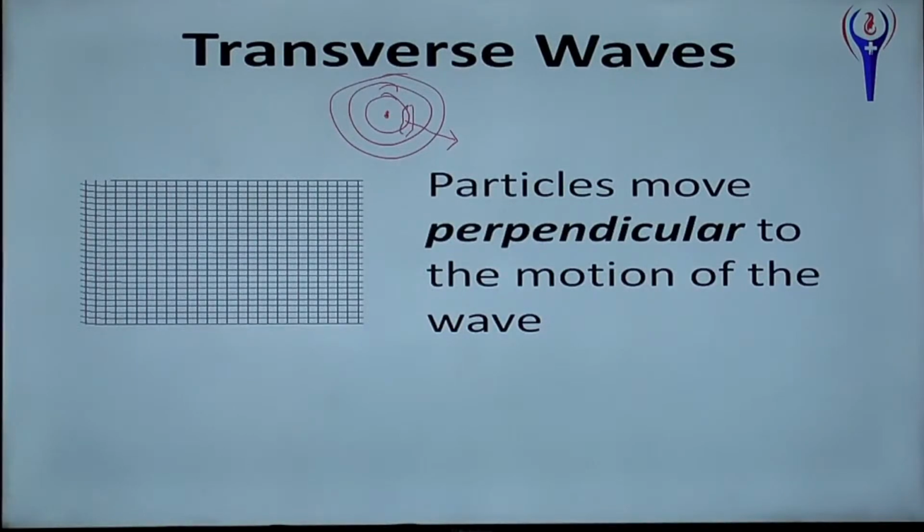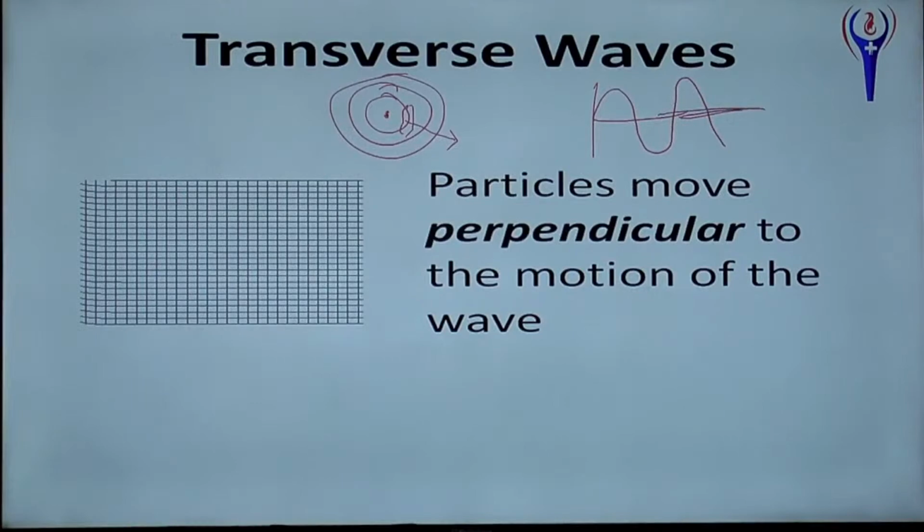The leaf will float up and down while the waves come like this. It means particles are not transferred; by vibration it transfers energy only. The particle vibrates perpendicular to the direction of propagation of the wave, that is called a transverse wave.